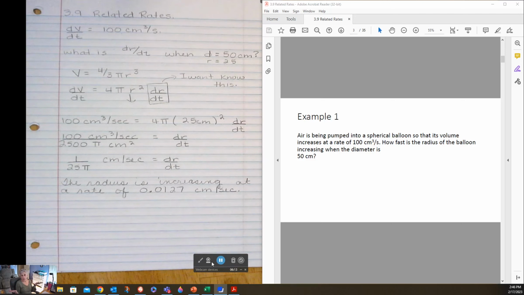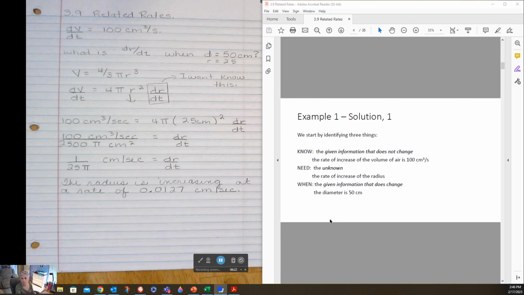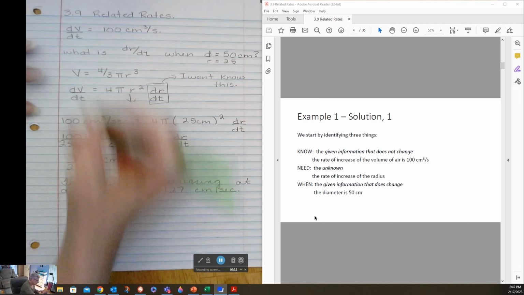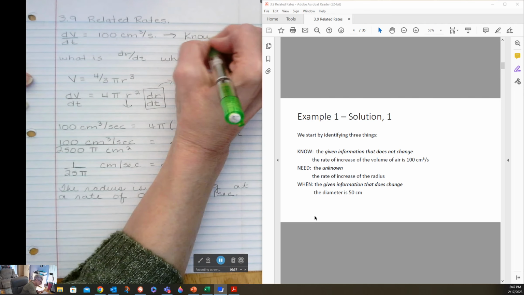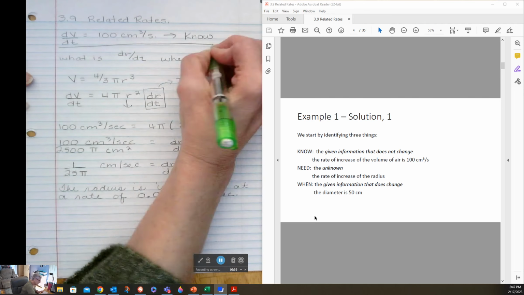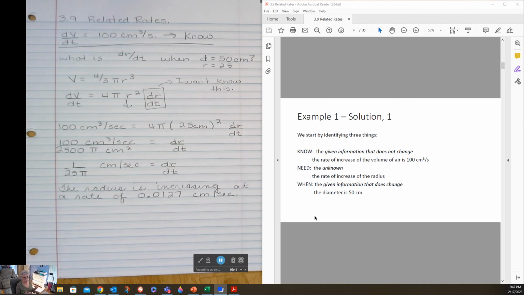Now I just kind of approached this problem and started working it, but there is a very structured way you can go about these problems. First thing you do is identify 3 things. This is your setup. For your setup, you need a know, a need, and a when. So this was my know. I know that dV/dt is equal to 100 cubic centimeters per second.